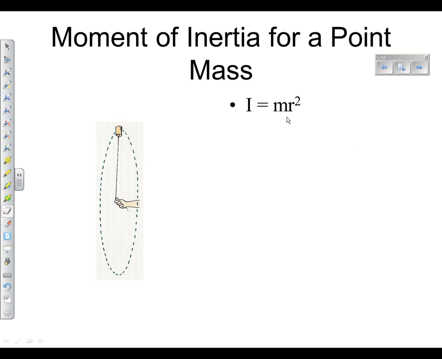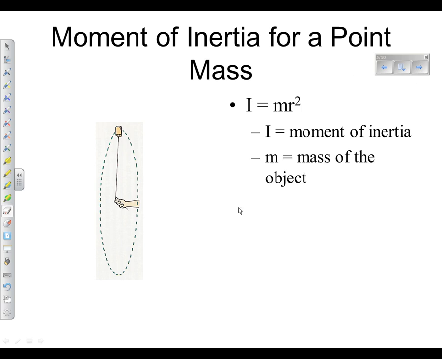The moment of inertia depends on mr squared, where I represents the moment of inertia, m is the mass of whatever object we're looking at, and r is how far away from the center we are. So in this picture, that would be the length of this string. That's if we're calculating the moment of inertia for a point mass.